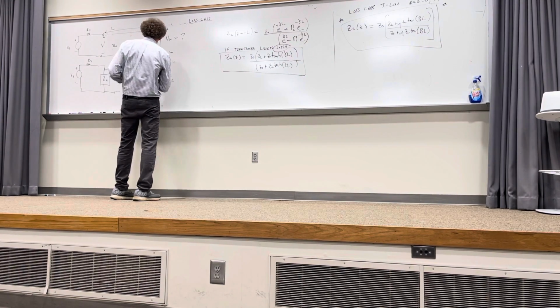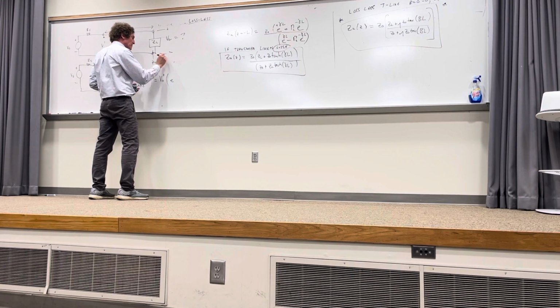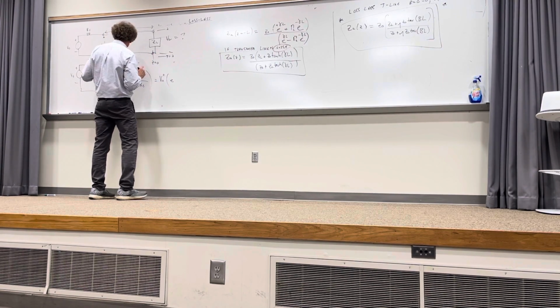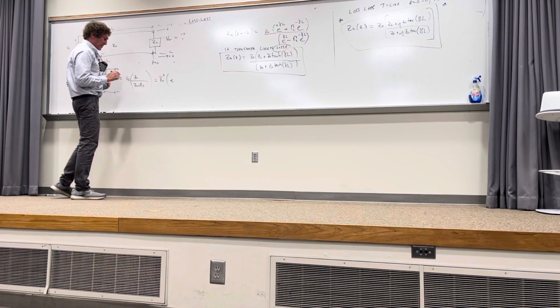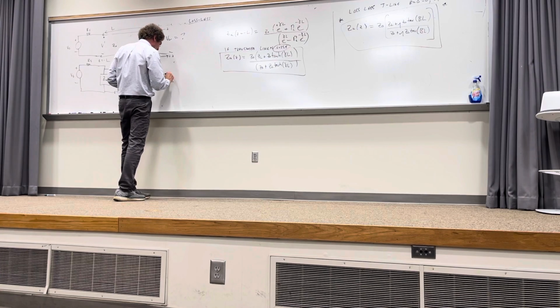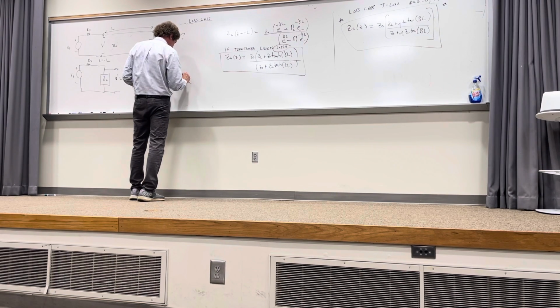Because I position my load here at Z equals 0. That's positive Z, so this is at Z equals minus L. So this becomes E to the J beta L plus the reflection coefficient, whatever that is, times E to the minus J beta L.